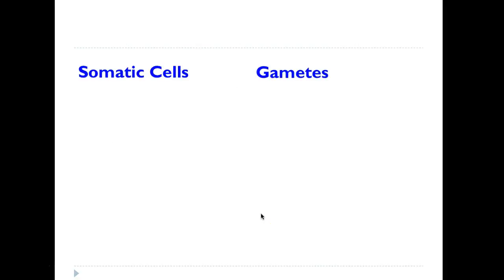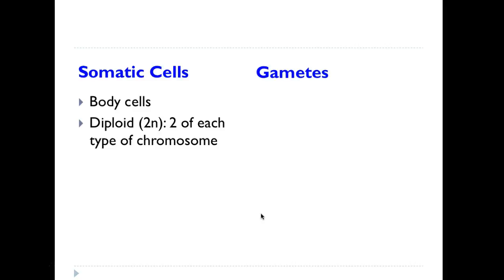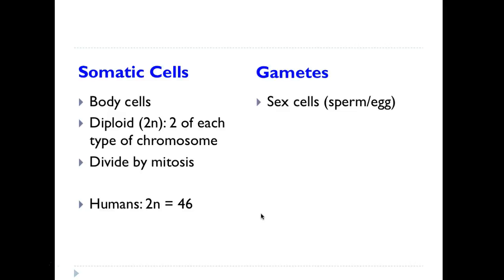Remember that mitosis occurs in somatic cells, and in meiosis we have the formation of gametes. Somatic cells are body cells. They are diploid in nature, so that means 2 of each type of chromosome, or 2 copies of the DNA. For us, that's 46. Body cells divide by mitosis.